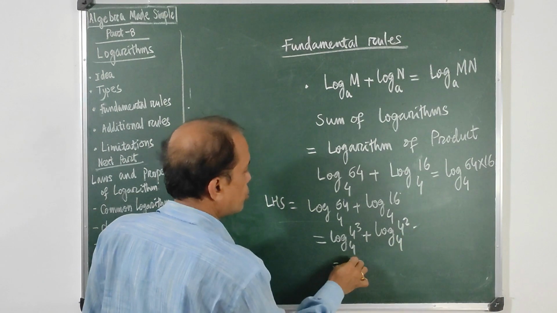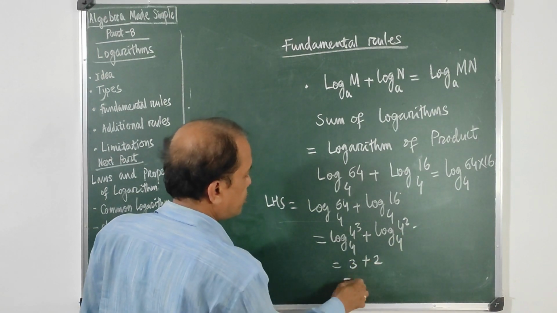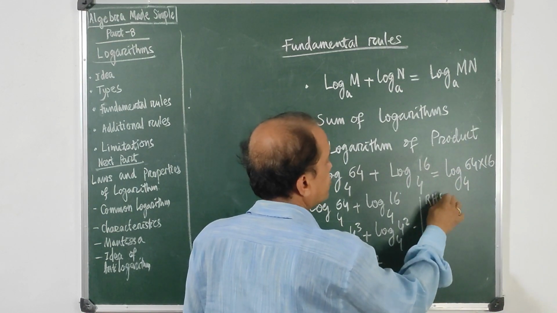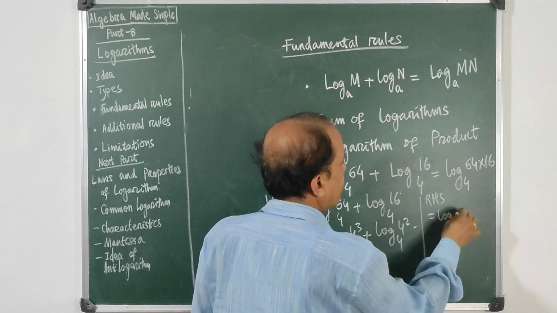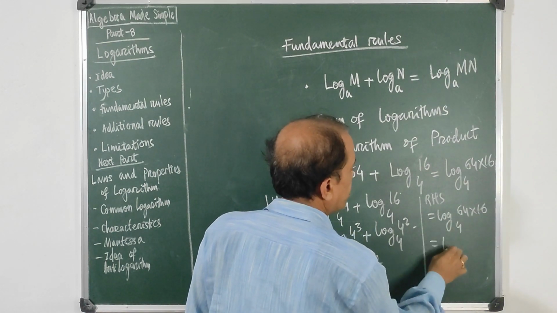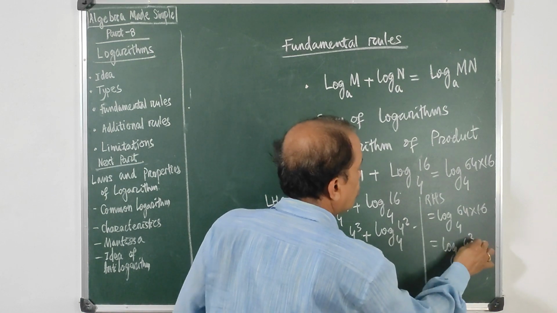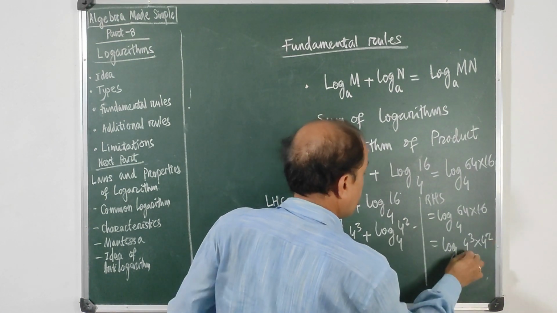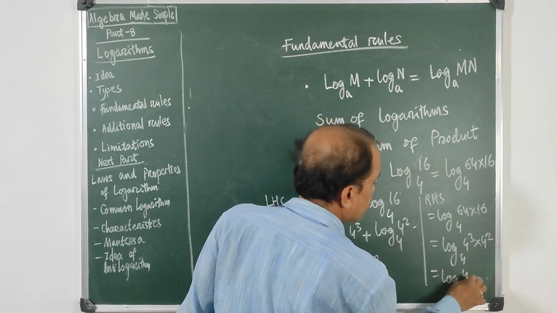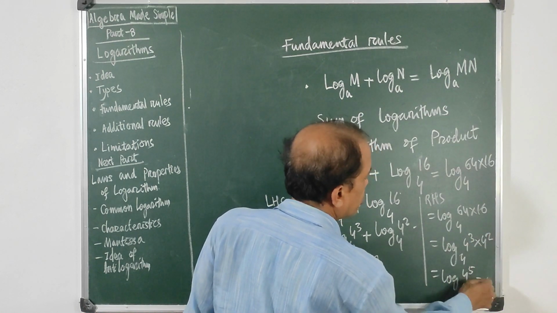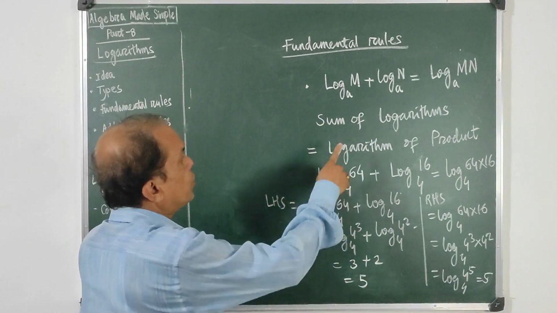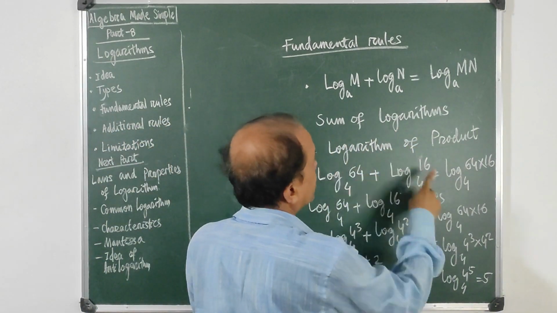So this will be equal to 3 plus 2, which is 5. And how much is RHS? RHS is log 64 into 16 to the base 4, equal to log 4 cube into 4 square to the base 4, equal to log 4 to the power 3 plus 2, 4 to the power 5 to the base 4, equal to 5. So these two yield the same result. So we got sum of logarithms is logarithm of product.